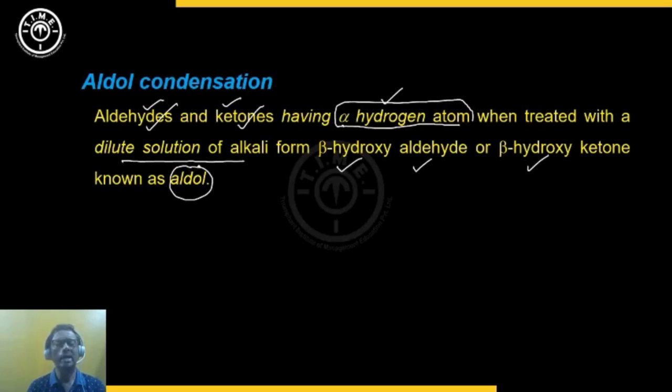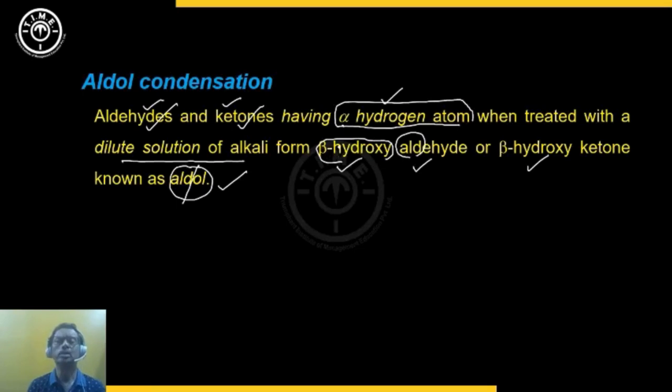Now this ald means aldehyde or ketone, and this ol means a hydroxy compound, alcohol. So when you have a hydroxy and an aldehyde, it becomes an aldol. So when you say aldol, it is actually a combination of either aldehyde or ketone and a hydroxyl group present at the beta carbon, right?